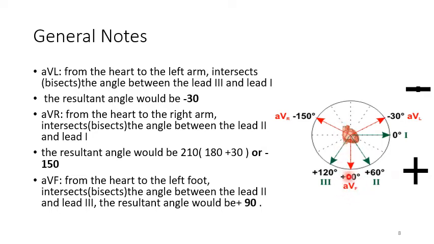For AVF, because it's in the lower half, the angle is positive, and because it is perpendicular to the horizontal line, it's going to be positive 90. And so it's not only perpendicular to the horizontal line, but also bisects the angle between 2 and 3, and that's why we get an AVF angle of positive 90.